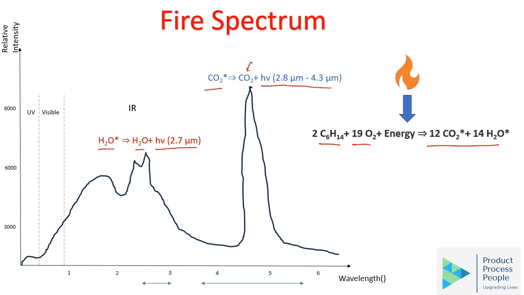So this is a fire spectrum. On the y-axis we have relative intensity and on the x-axis we have wavelength, right? And if you see this fire spectrum, there is a bump in the UV radiation initially at around 200 nanometers, right?